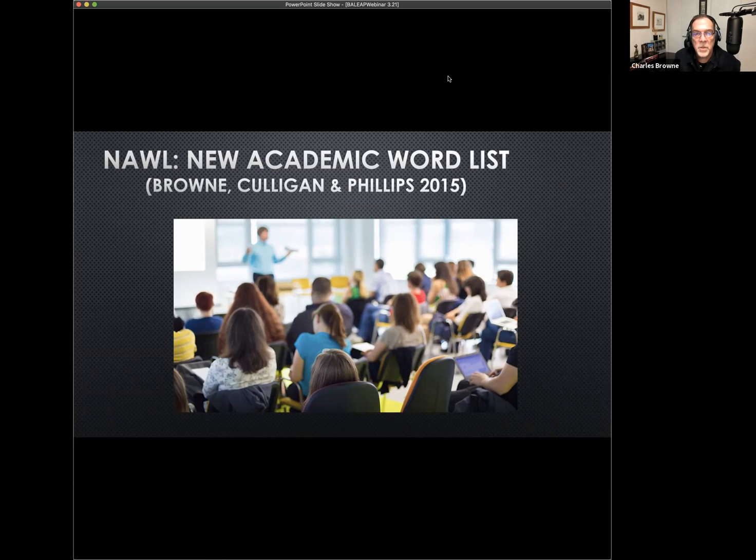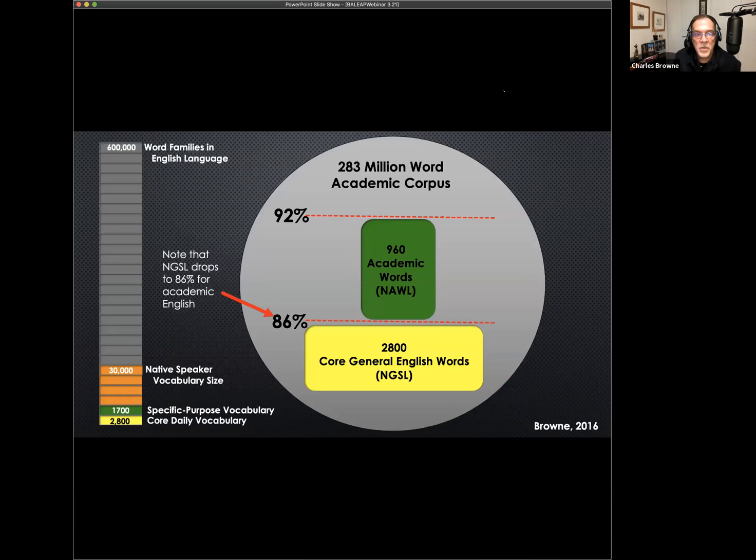Okay, so what I'm going to do is give you a brief description of the academic word list. The new academic word list is based on a 283 million word academic corpus. And what we're getting is a total of 92% coverage for the NGSL plus the NAWL, which doesn't actually sound that good, does it?